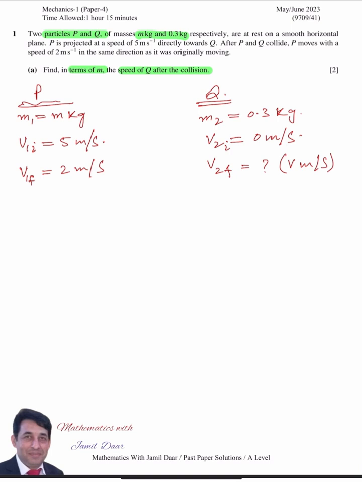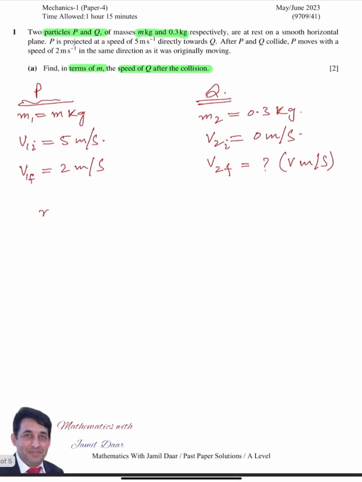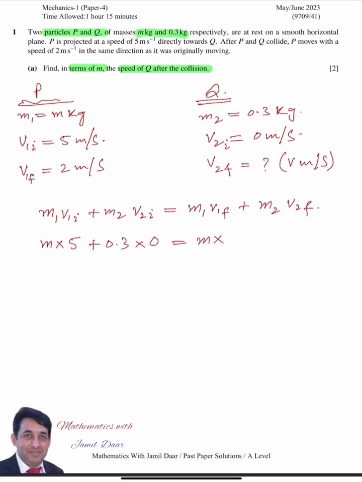The formula for momentum is m1 v1 initial plus m2 v2 initial is equal to m1 v1 final plus m2 v2 final. m1 is m kg, v1 initial is 5, plus m2 is 0.3 kg and v2 initial is 0, and m1 is m kg and v1 final is 2, plus m2 is 0.3 and v2 final we have to find out, that is v.